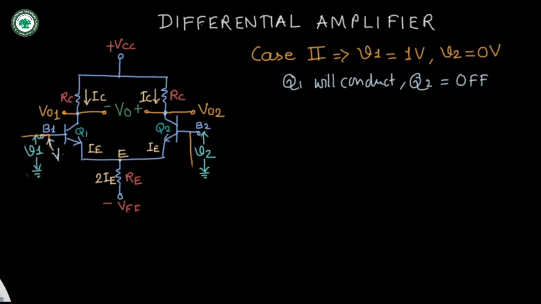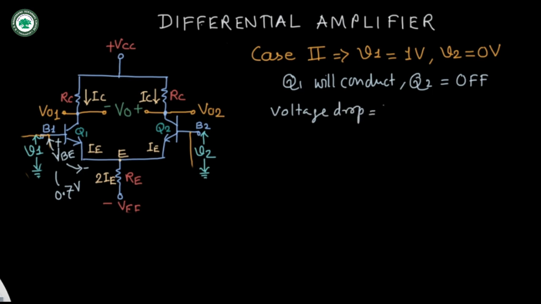The voltage drop across the base emitter terminal is equal to 0.7 volt. If we are not considering anything else, this is 1 volt, out of which 0.7 will be consumed here and 0.3 volt will remain at E.